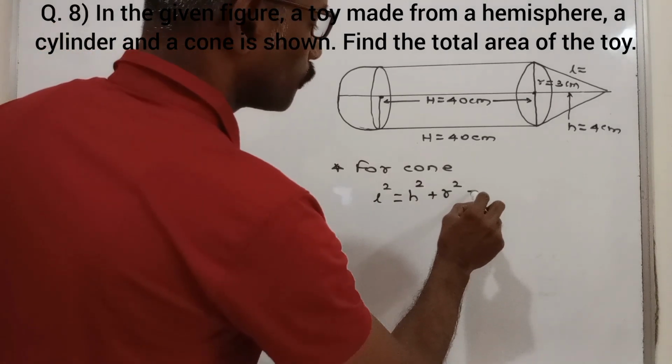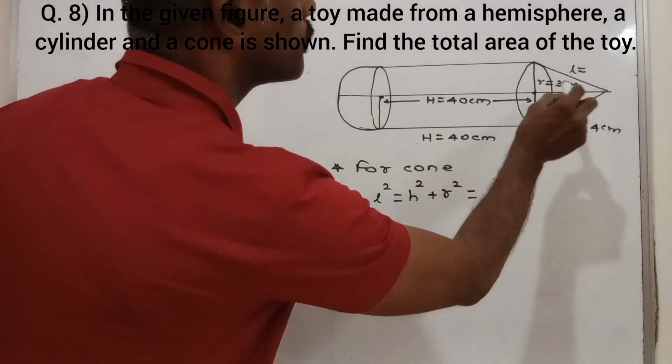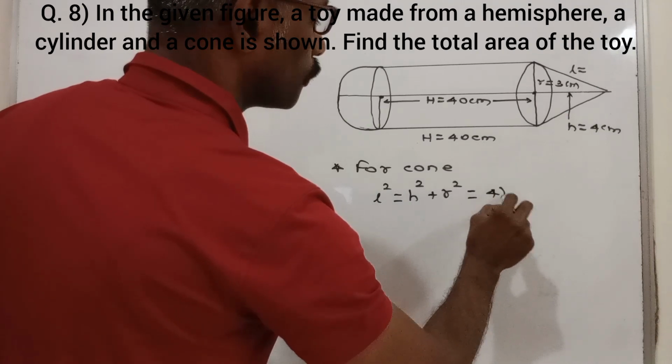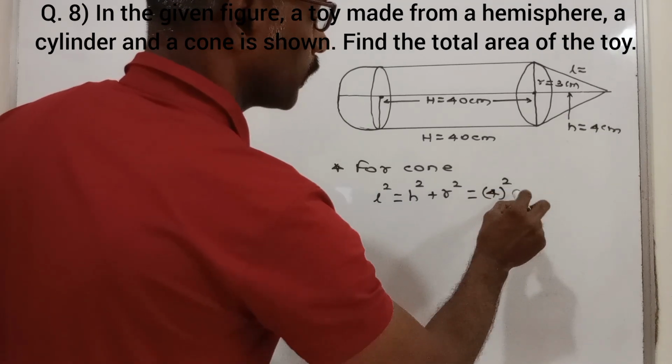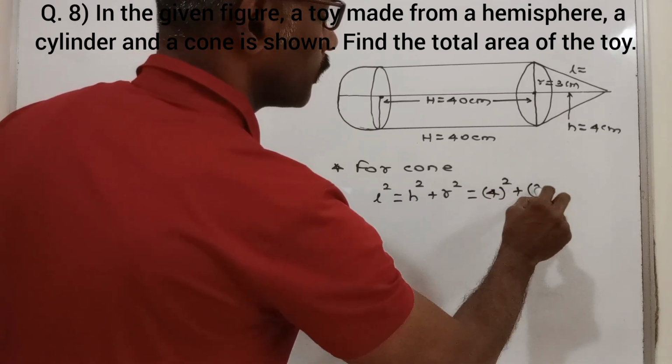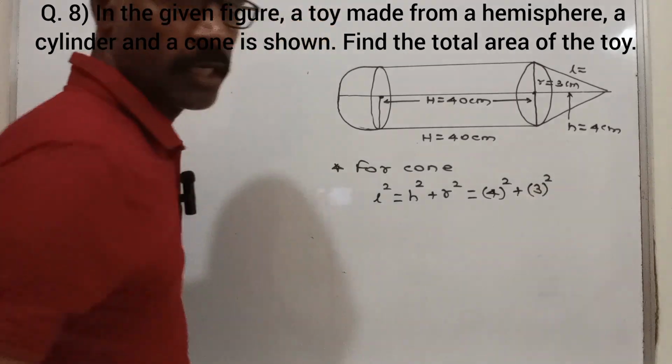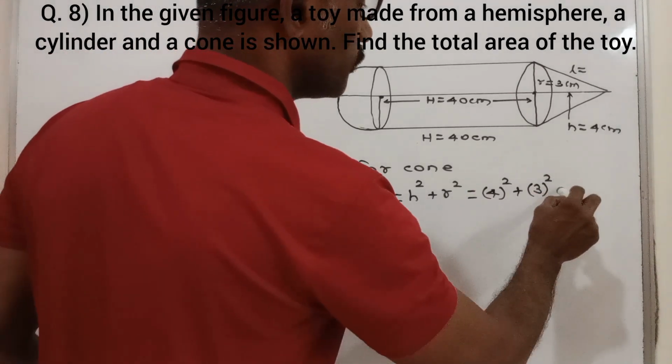Okay, we put values. What is H? 4 centimeter, bracket square, plus 3 square, R is 3.